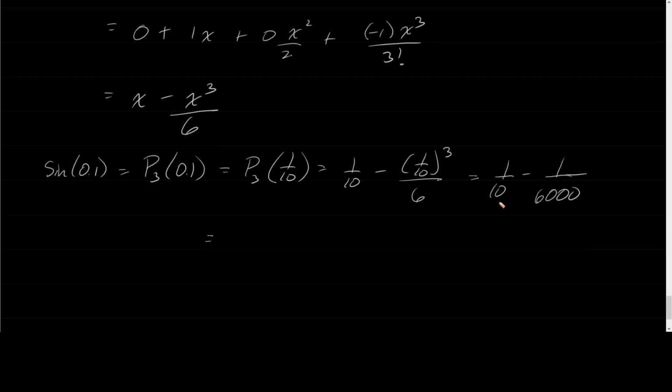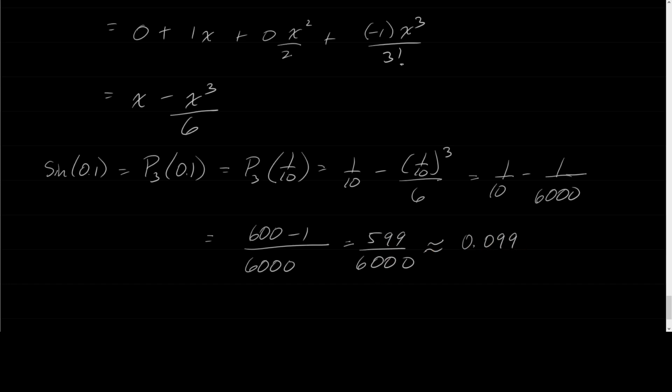And then common denominator there, well, that would be 6,000. To go from 10 to 6,000, multiply by 600. So we have 600 minus 1 being 599 over 6,000. And well, that is approximately, if you put that into the calculator, 0.0998333 with 3 repeating.